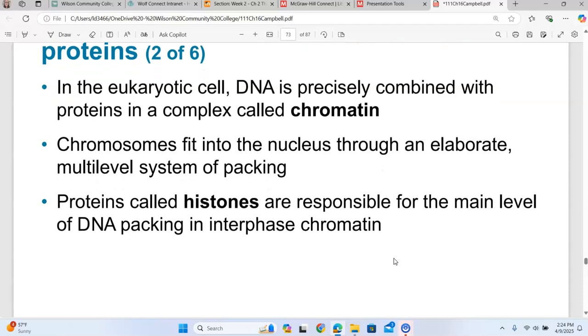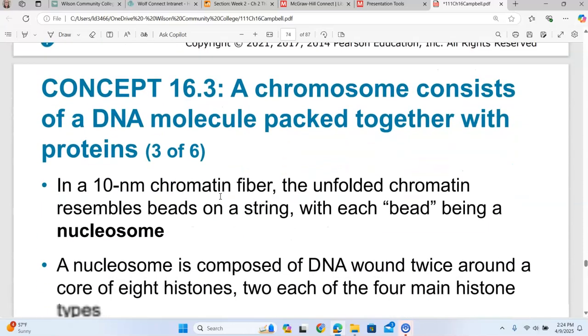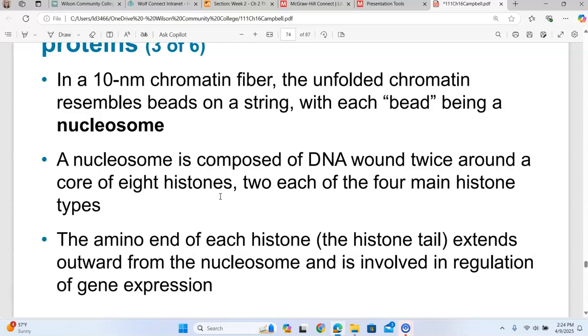Okay, in the eukaryotic cell, this is kind of a review, but in our cells, which are eukaryotic cells, our DNA is in a form called chromatin during interphase, and then whenever it divides, it condenses into chromosomes. Chromatin consists of DNA wound around proteins called histones. When DNA is wound around the histones, we call that a nucleosome.